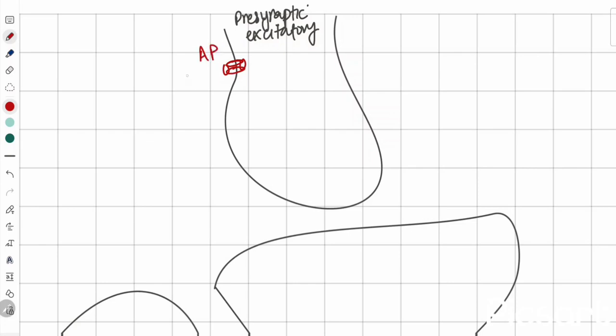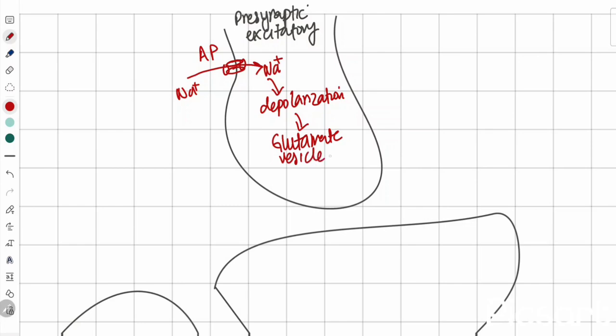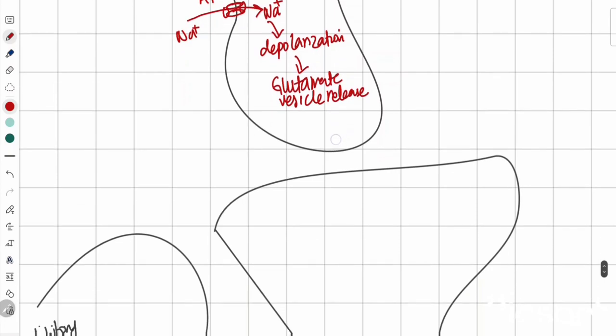That action potential arrives by sodium influx, which causes depolarization, and this depolarization causes glutamate release. Glutamate is an excitatory neurotransmitter, and it is released into the synaptic cleft.